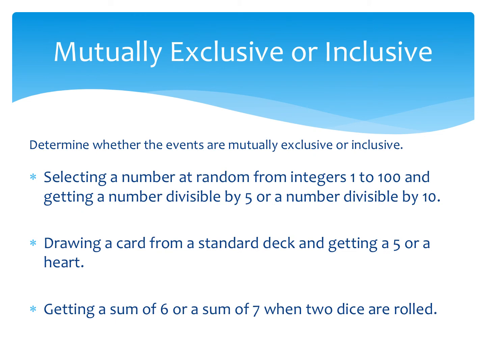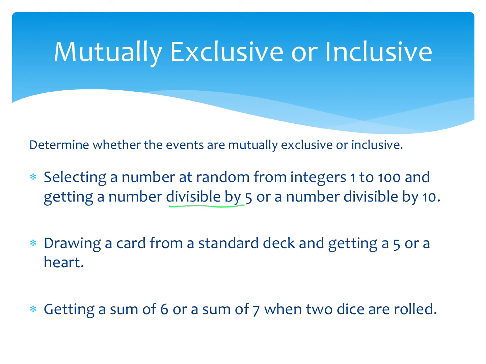So here are some examples. We want to determine whether the events are mutually exclusive or inclusive, and then why. The first problem: selecting a number at random from integers 1 to 100 and getting a number divisible by 5 or a number divisible by 10.